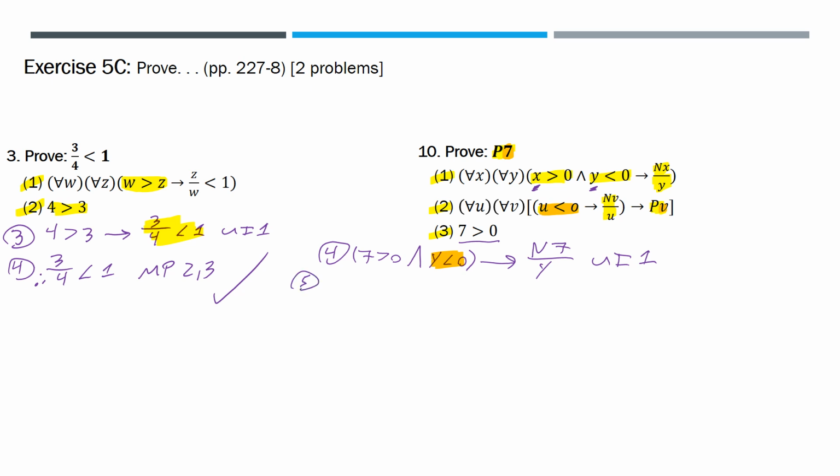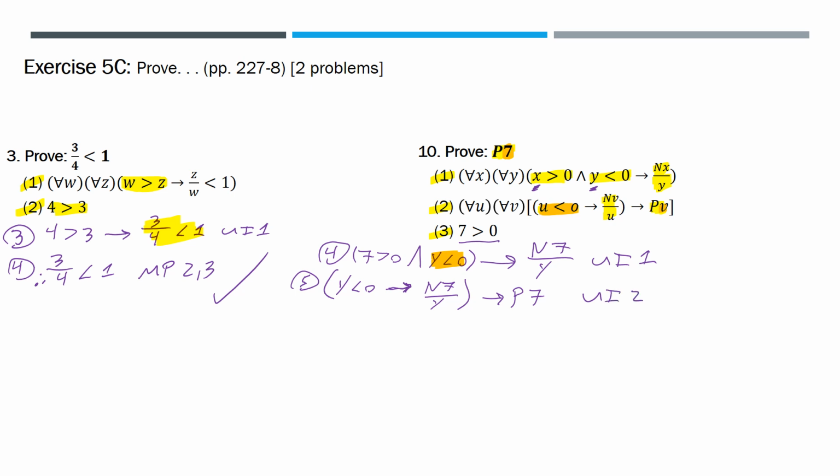So for line 5, we'll get parentheses, y is less than 0, arrow, N 7 over y, close parentheses, arrow, P7, by the universal instantiation, line 2.